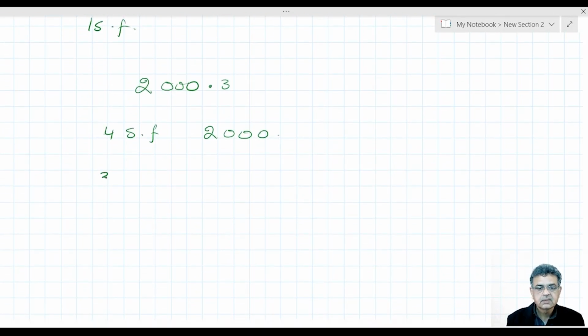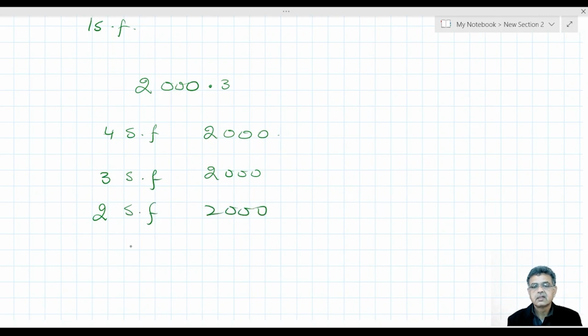But if you are asked to write correct to 3 significant figures, you have no choice other than writing it this way. If you are asked to write it correct to 1 significant figure, then again you have to write this way.